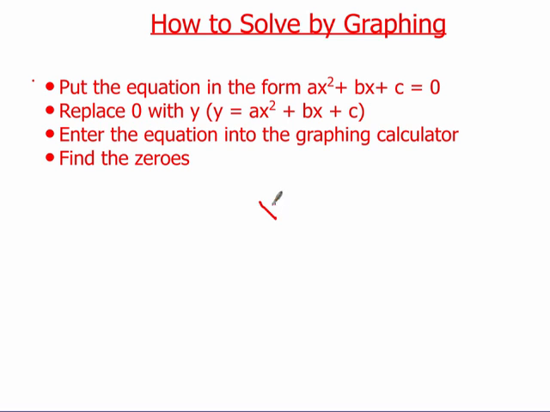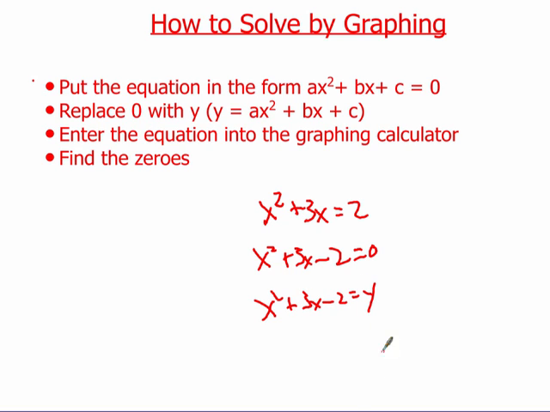For example, if you're given x squared plus 3x equals 2, you'd first subtract 2 on both sides: x squared plus 3x minus 2 equals 0. Then replace that 0 with a y. x squared plus 3x minus 2 equals y. And now you have your equation, and you can graph it.